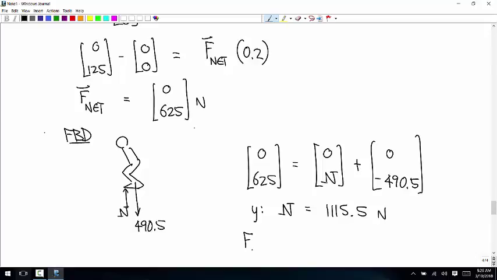And so that contact force is (0, 1115.5). At this part, he's accelerating up so that he can jump off the ground. So that force, the ground is pushing up on him to launch him into the air.